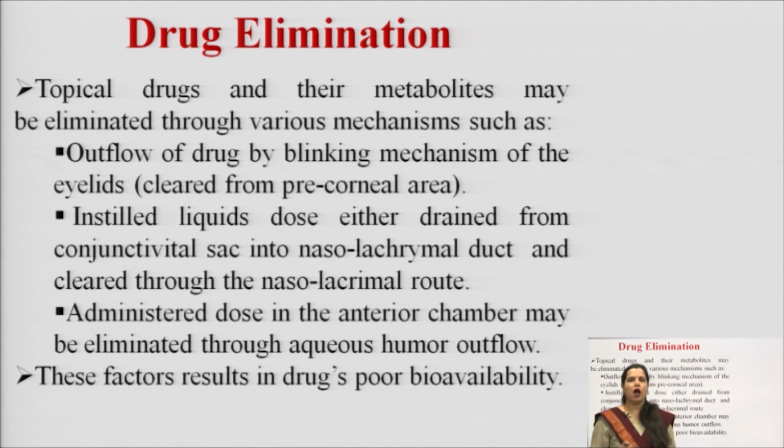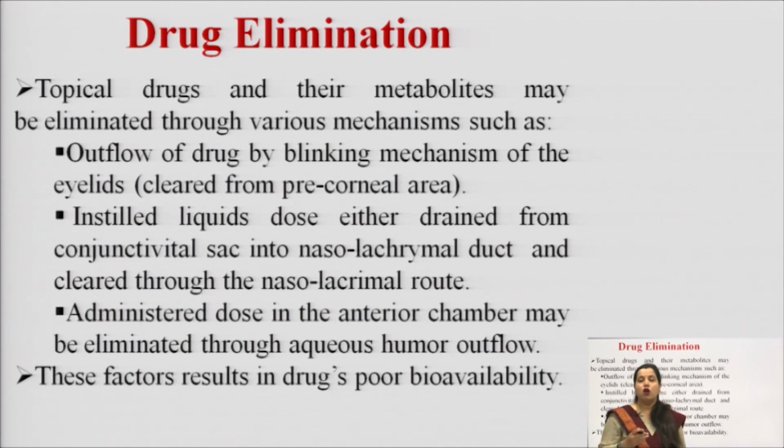The instilled liquid dose is either drained from the conjunctival sac into the nasolacrimal duct and cleared through the nasolacrimal route. So, this is another point we need to consider for drug elimination: after instillation of the liquid dose, it is drained from the conjunctival sac, the area below the eyelid, into the nasolacrimal duct and cleared through the nasolacrimal route, right.